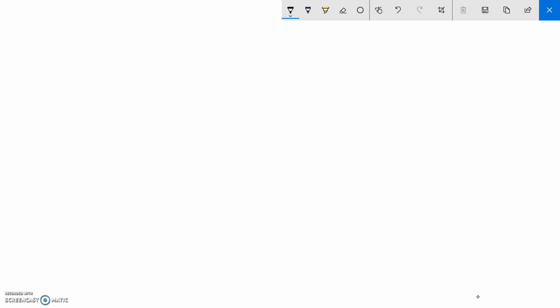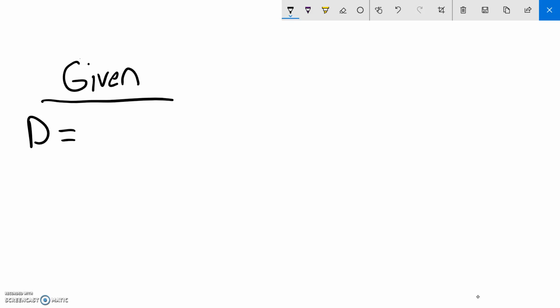And so let's think back to our problem solving, right? We always want to identify what's been given to us. And so if you think back to the things that we underlined on the previous drawing, we said that we had the density, which was 13.6 grams per cubic centimeter. And we also stated that we knew the mass.